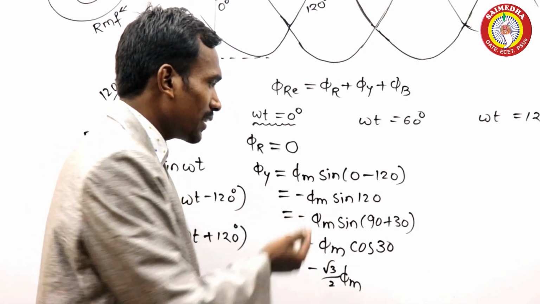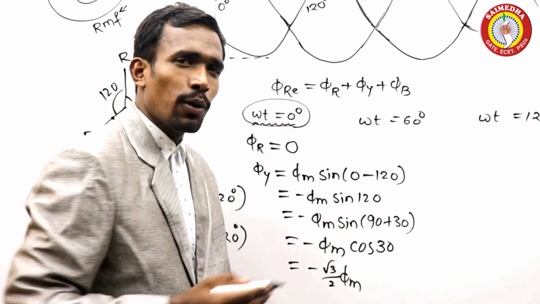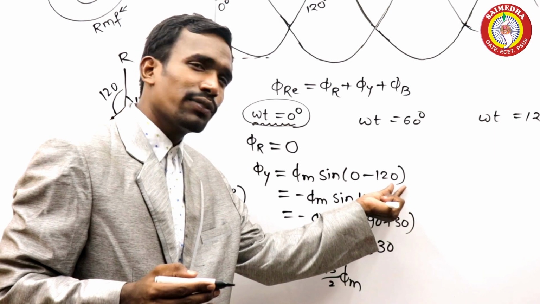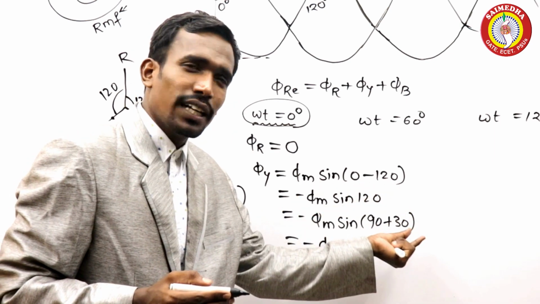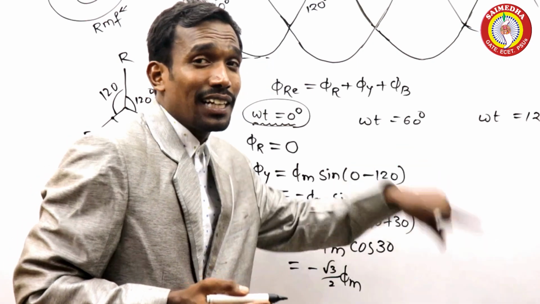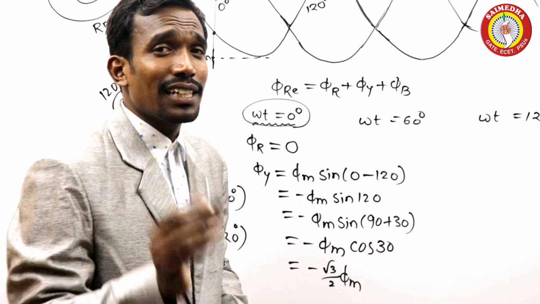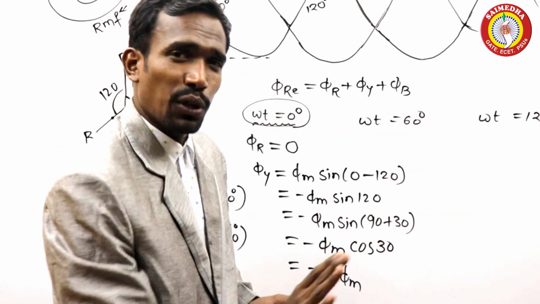Okay? Getting or not? Phi m into sine omega t, and I told you already, omega t is 0. So 0 minus 120 is nothing but minus sine 120, which is minus phi m into sine 90 plus 30. 90 plus 30 is the second quadrant. In the second quadrant, sign is positive only.